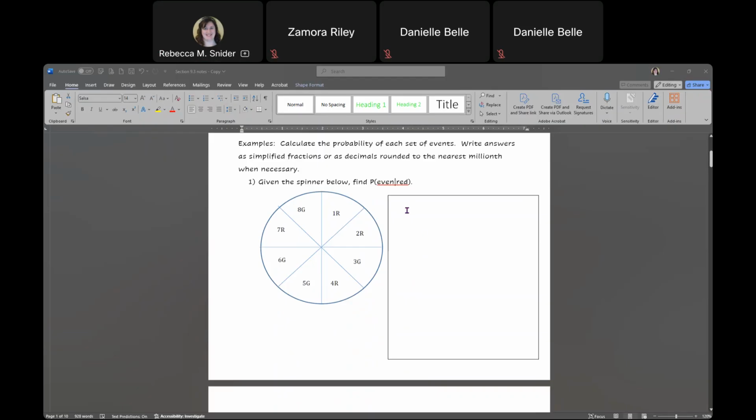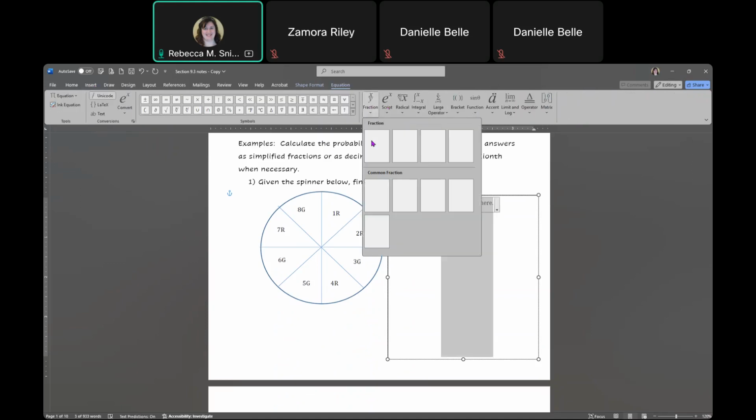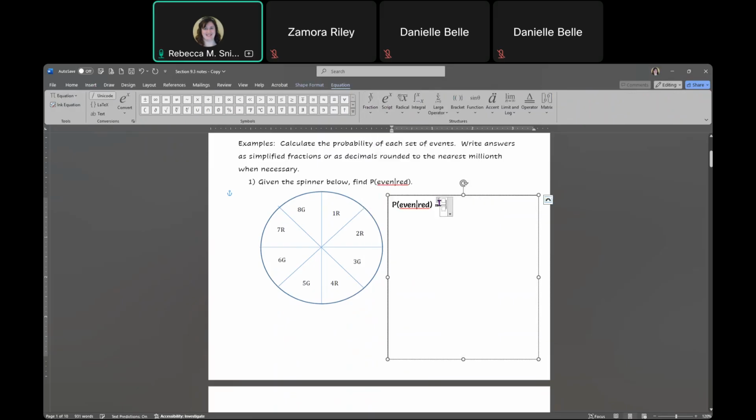So essentially we are looking for the probability of even given the probability of red. That simply means we're going to set up an equation, and that equation is going to be a fraction, and that fraction is going to be created by the probability of both over the probability of red. And the reason I know that it's red is because this is that second piece that we have.